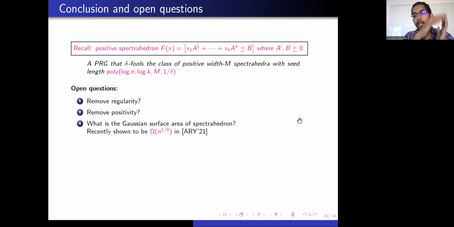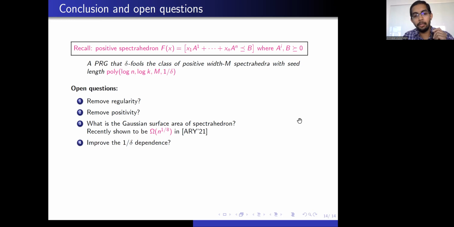So if you want to use this technique of invariance principles to construct PRGs, the Gaussian surface area is an important tool, and it's large for spectrahedra. So it's not completely clear: if you have to remove positivity, you might require new proof techniques altogether. Whereas if you want to keep positivity and remove regularity, potentially you could use the same proof technique, and maybe with some new ideas, you could remove regularity.